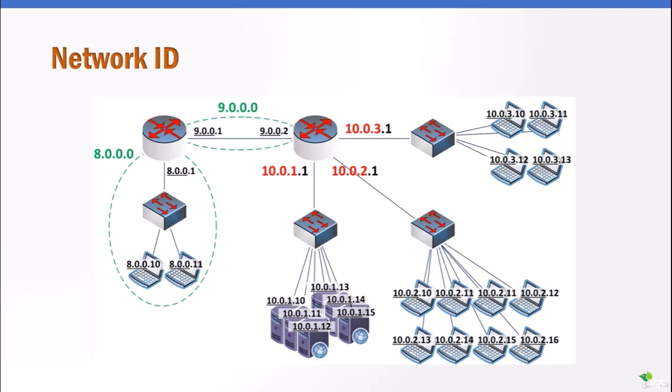So we assigned the router on the left with 9001 and the router on the right with 9002. These are the two IP addresses we're going to use in this network, and in this network, we're only going to need 3 IP addresses, one for the gateway and one for each of the laptops.